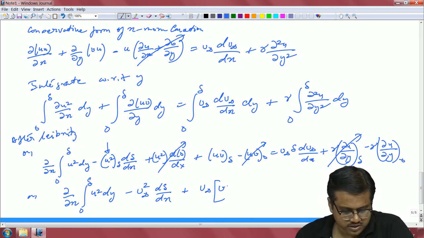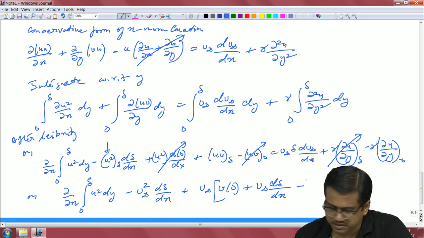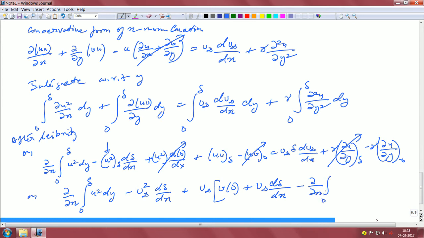So, this will be given as v 0 plus u infinity d u infinity dx, and d u infinity dx minus dy is equal to u infinity delta into du infinity by dx, minus gamma du dy evaluated at 0. So, that is the total expression that we get.